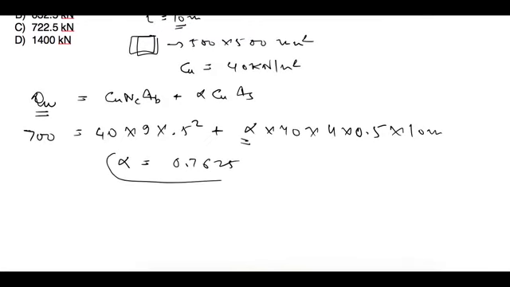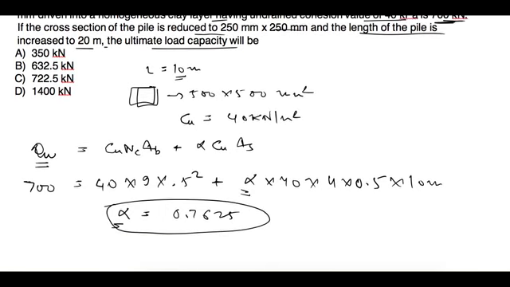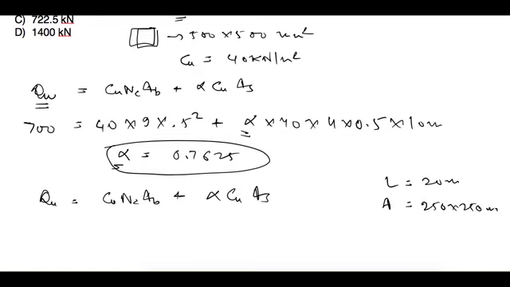Now after knowing the value of alpha, we can calculate for the second condition also, because only the alpha was missing. For the second condition, Qu is equal to, again same formula, Cu Nc Ab plus alpha Cu As, but in this case depth of the pile is 20 meter and the area of this pile is 250 by 250 mm square.